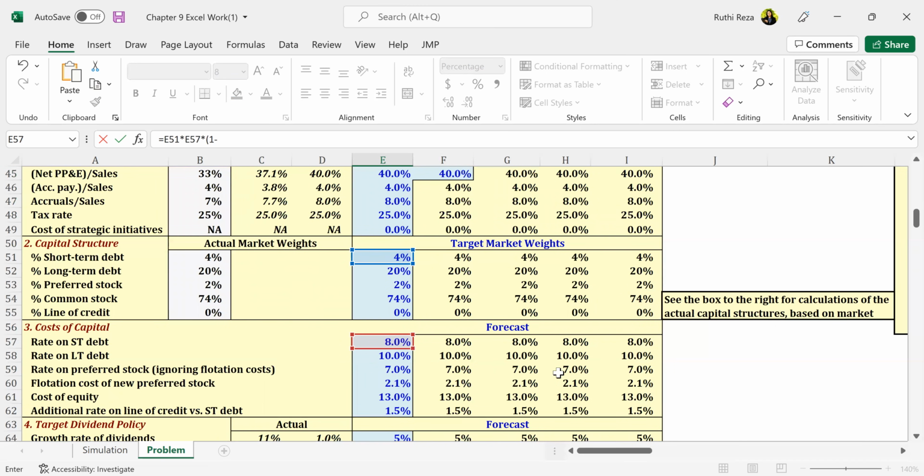Then adjust it for the tax rate, 1 minus tax rate, then plus weight for preferred stock, and then cost of preferred stock adjusted for the flotation cost, then weight for common stock, and then cost of equity.